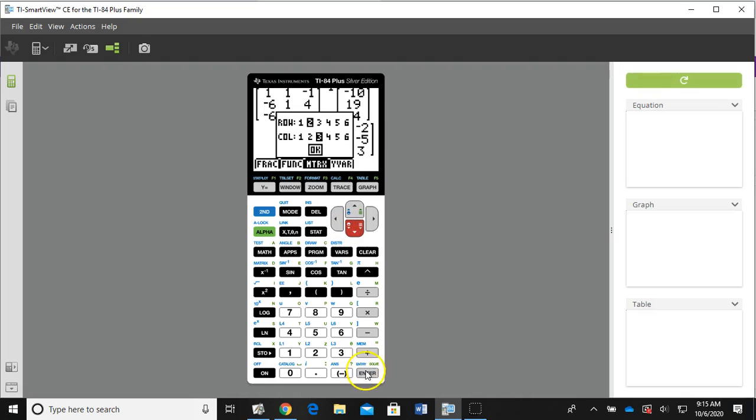So, doing the 2 by 3 first. Let me find the problem. There we are. You had 0, 2, 1. Make sure you hit the arrow, not enter. Then 5, negative 1, and 0.